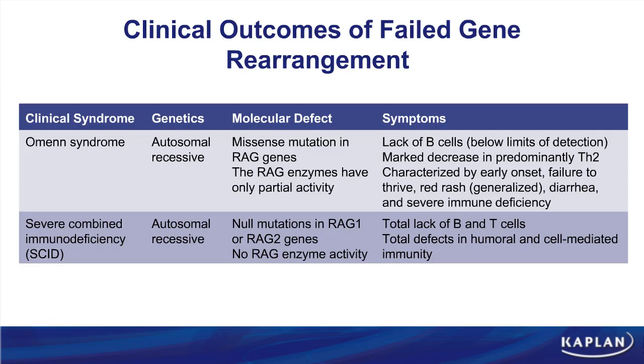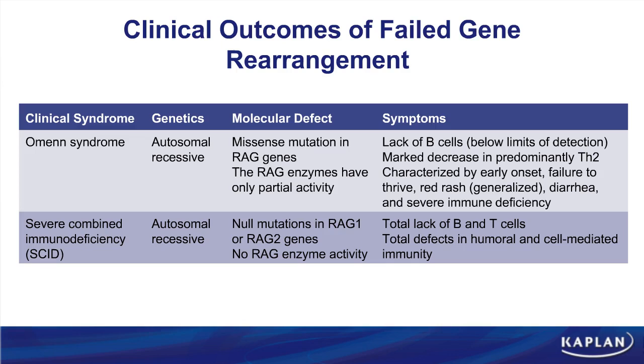So now that we've been through gene rearrangement, let's ask ourselves, how are they going to test me on this information? You don't have to know all the minute little details that we covered, but you want to focus on the big picture. So what kind of big picture are we talking about? Big picture in terms of what happens if gene rearrangement does not occur.